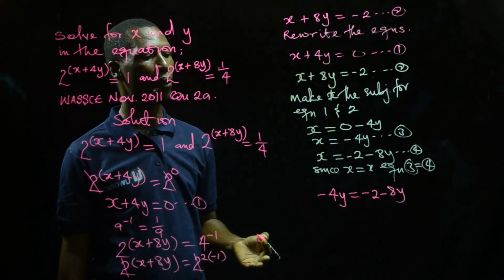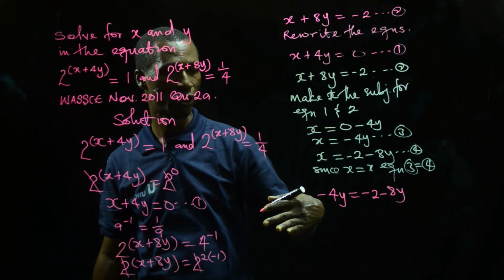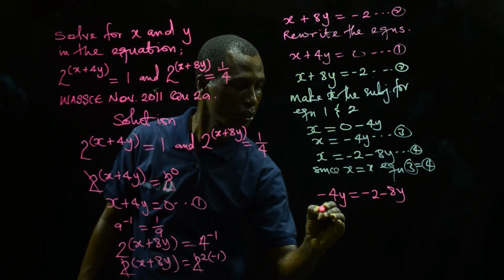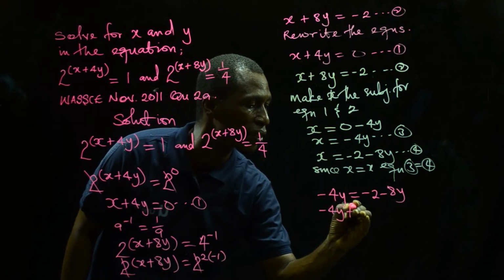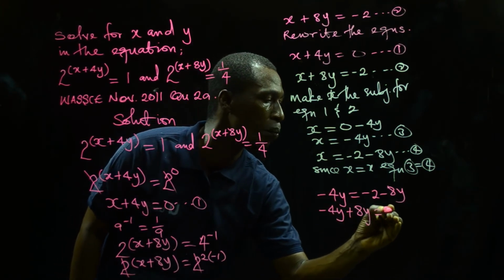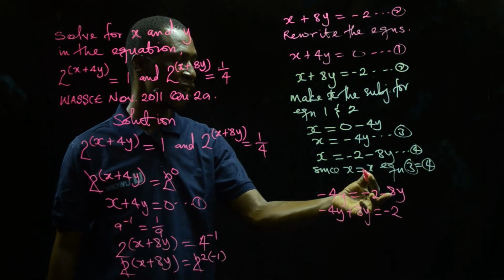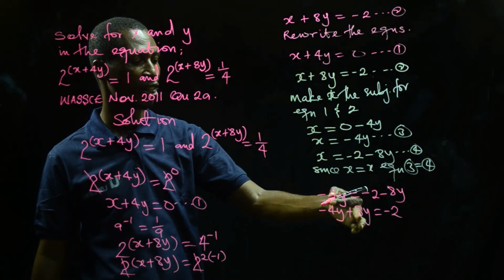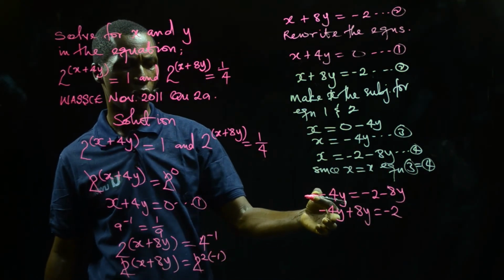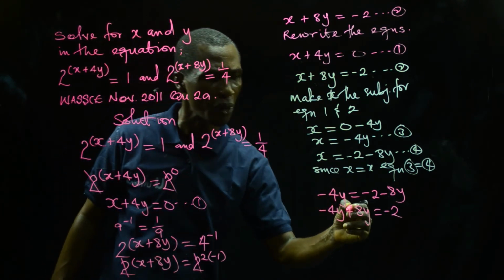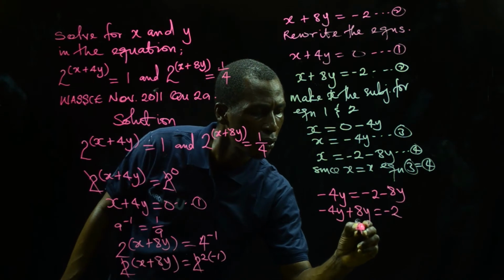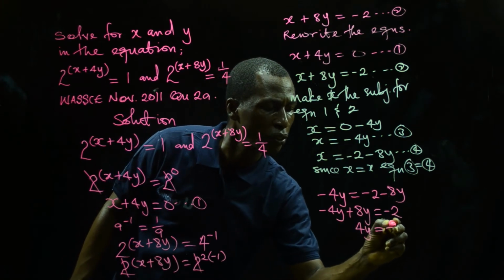What do I do now? Group items. Bring 8y to the right hand side. I've got minus 4y plus 8y equals minus 2. Now 8y here, because it crossed the equation sign, became positive. Now negative 4y, you are owing 4, and now you have 8. So I'm going to be left with 4y equals minus 2.